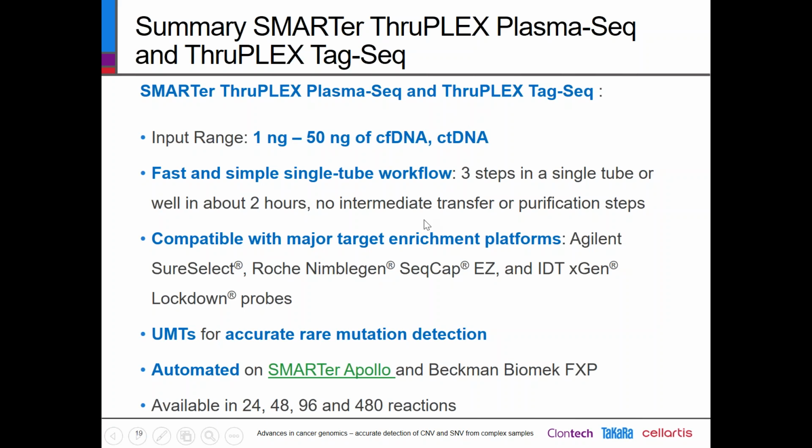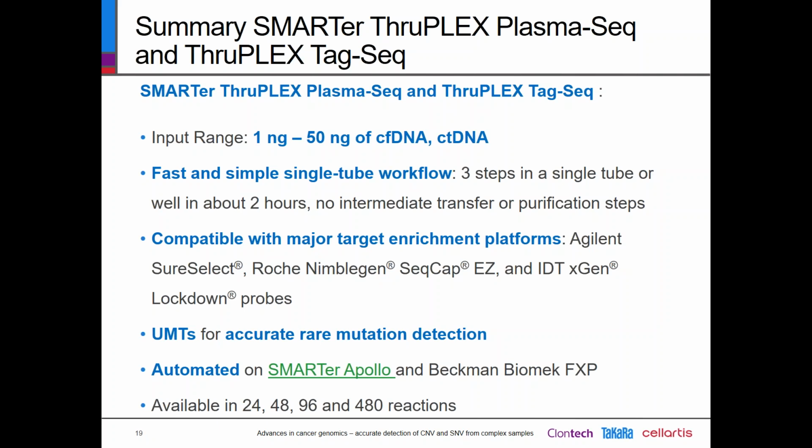Really, this means that you will be able to retrieve the maximum of your samples, avoiding contamination and loss of material. And basically, because it's fast, you will be able to process more samples in less time.